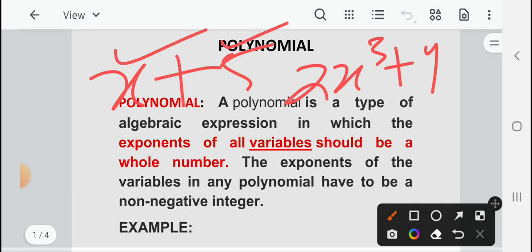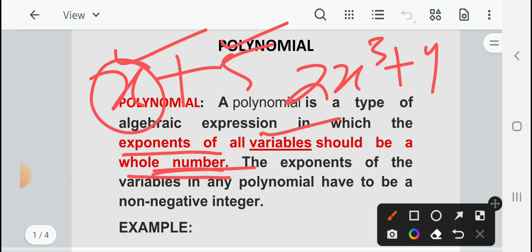But there are some specific algebraic expressions in which the exponents of variables are whole numbers. Like here the variable x has exponent 1 and here the variable x has exponent 3. So these are whole numbers. So whenever you see algebraic expressions where the variables have exponents that are whole numbers, then we can say that these are polynomials.